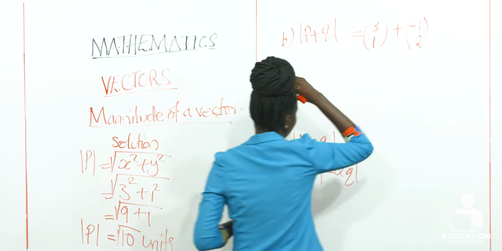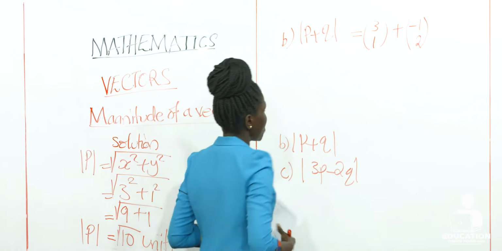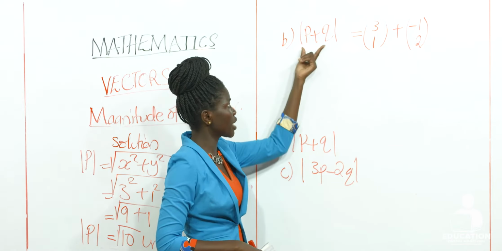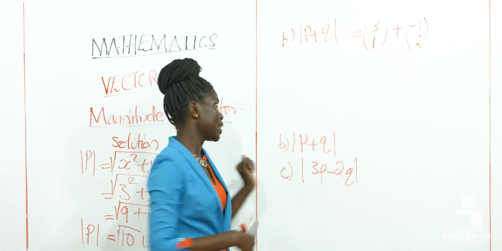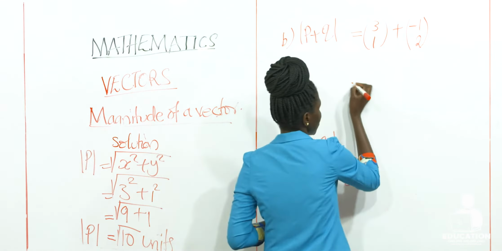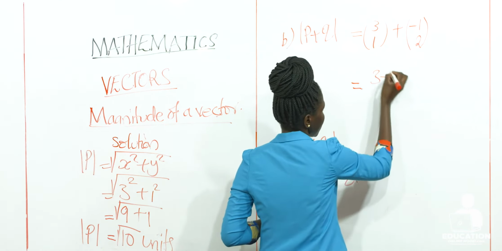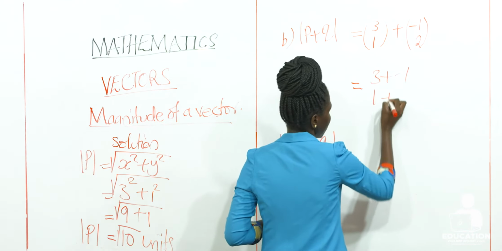These are the two values. For a number given like this, the first thing you need is to get the value of P plus Q. After getting the value, that's when you go on to find the length. So in this case, we are going to add: 3 plus negative 1, 1 plus 2.